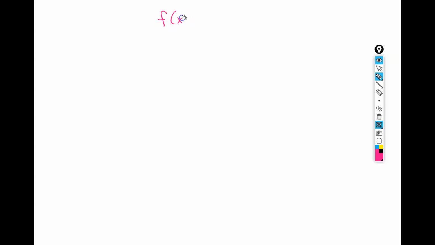Remember, f of x equals 25x minus 45. So instead of putting a number in for x, I'm going to put a number in for f of x. And they're telling me that I need to put in negative 145.